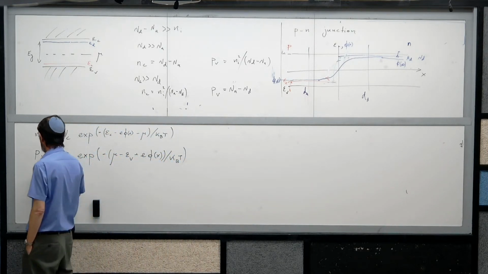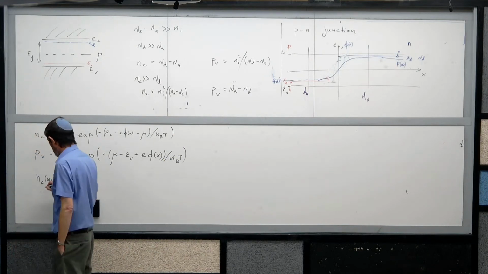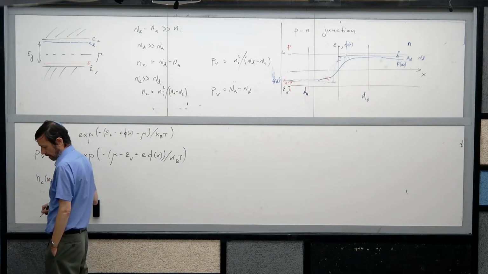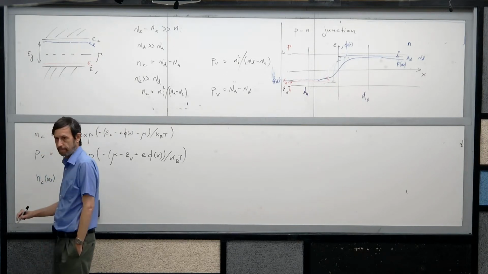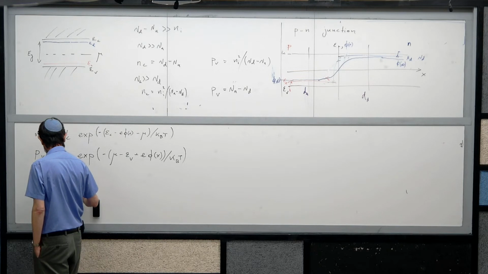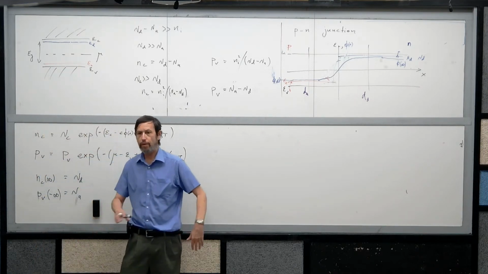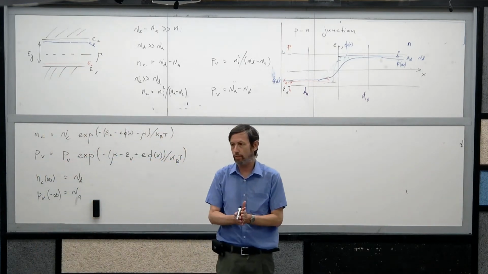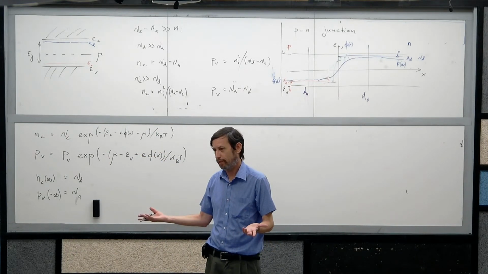Well, we know the boundaries: n_C at infinity is equal to N_D, p_V at minus infinity is equal to N_A. As we argued, very far from this boundary, we return to the usual behavior.